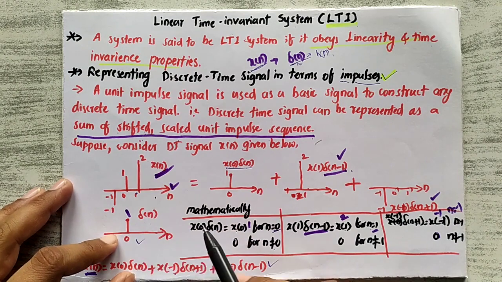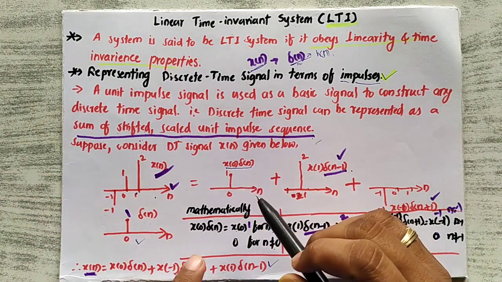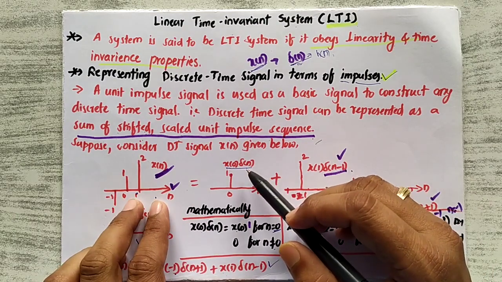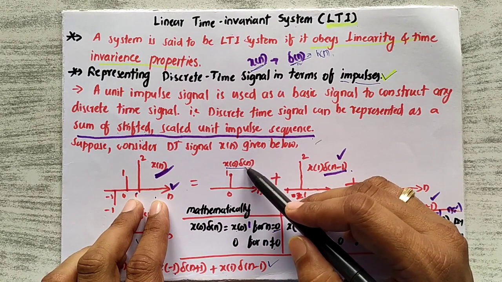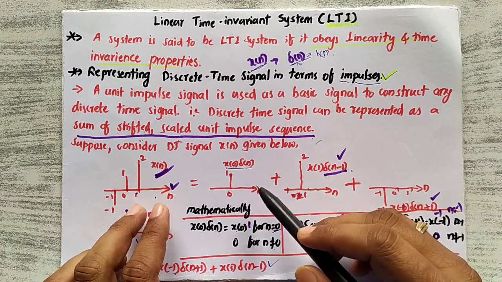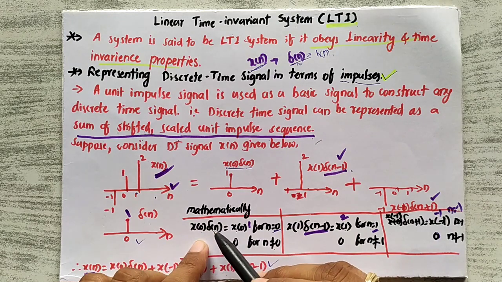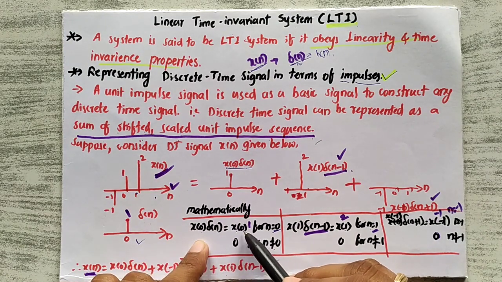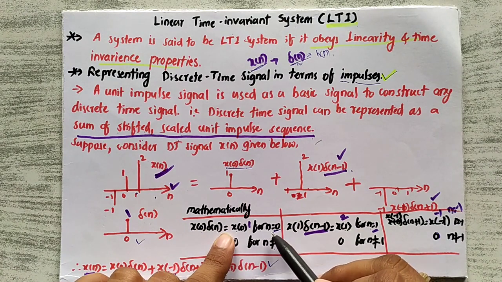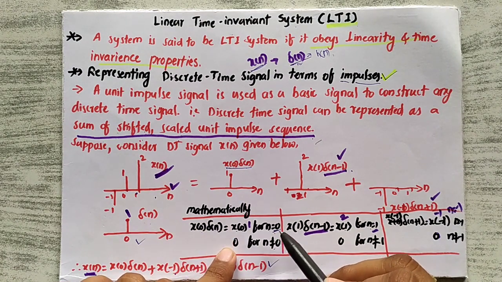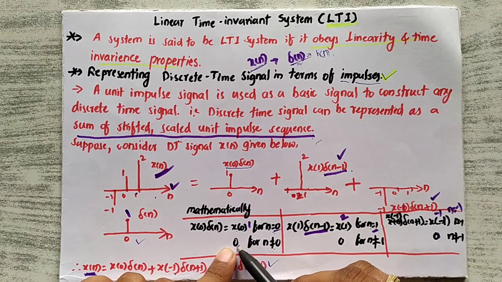Correspondingly we will have 3 expressions. So we will go one by one. If x of 0 is multiplied with delta n, what will we get? Mathematically we can write x of 0 into delta n is equal to x of 0 only, for n equal to 0. Other than n equal to 0, the value is 0 only.